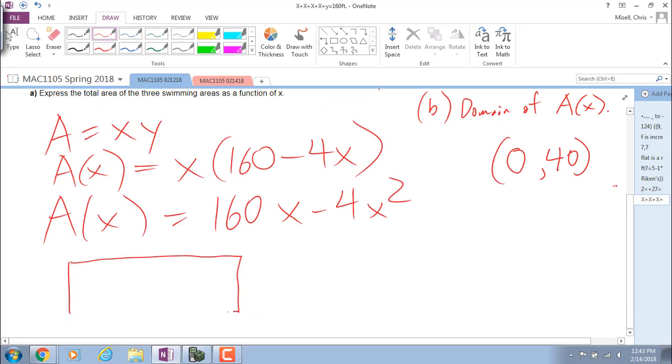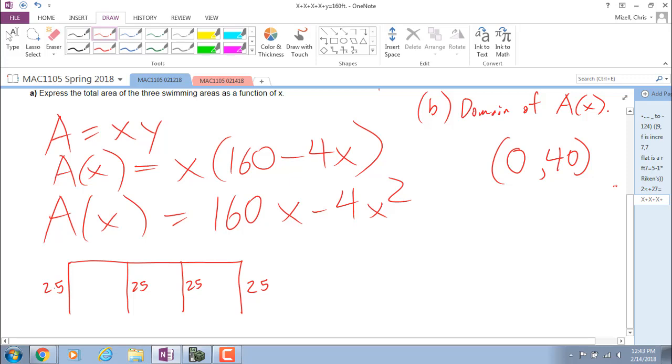Suppose we make it like this, where x equals, I'm not sure how close to scale this is going to be, but let's say 25, 25, 25, 25, and 25.